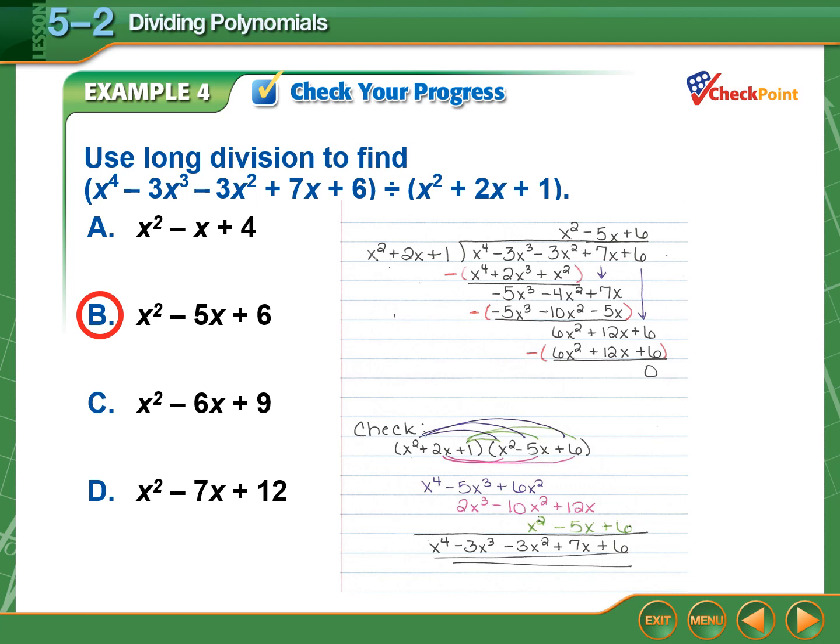Also remember, when you get a remainder of 0, that means the two factors multiplied give you your big dividend. So I multiplied it back out to make sure I could get my original problem back. And I could. That's dividing polynomials using long division.